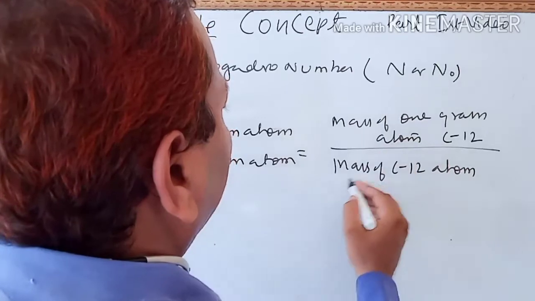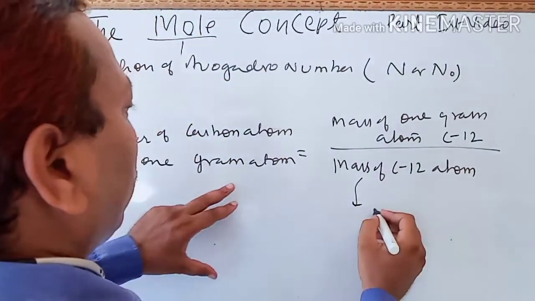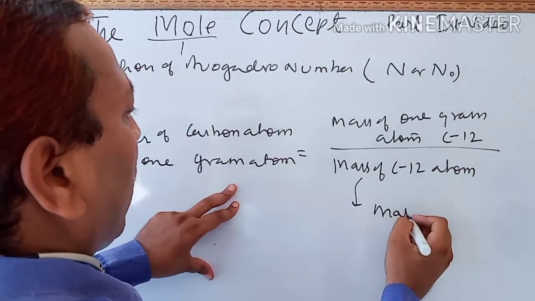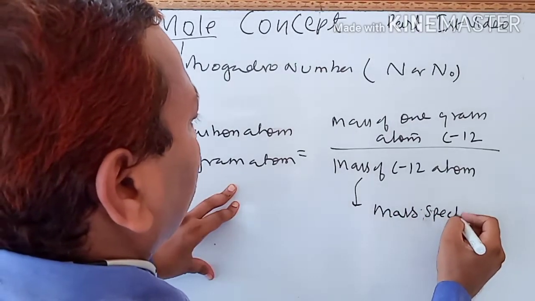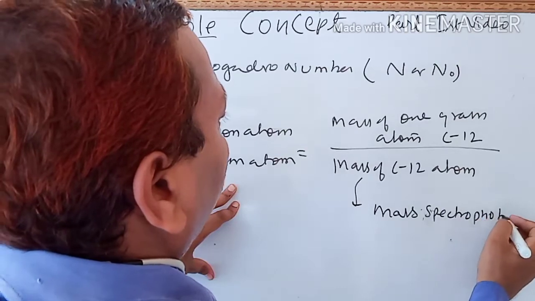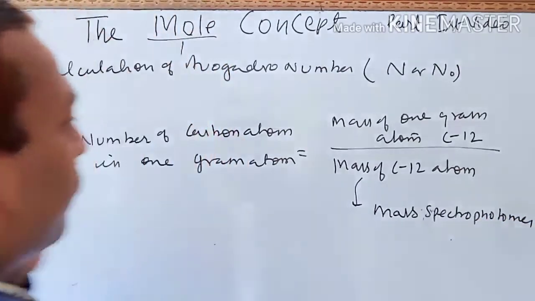So children, this mass is found by the mass spectrophotometer. So it is a fixed measurement.